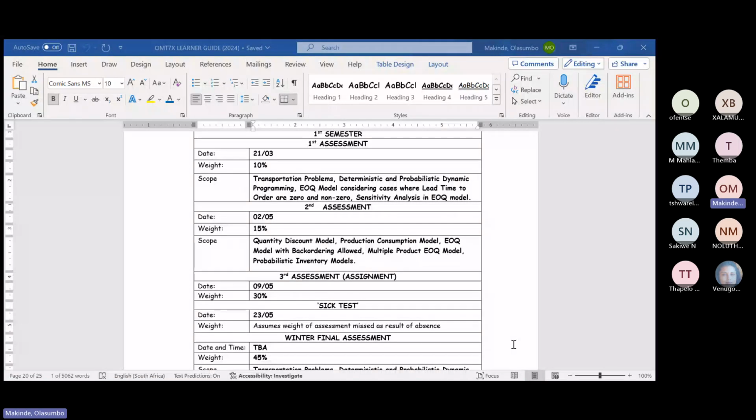Then topic number 5, probabilistic inventory models. Don't be worried and carried away by the English. We'll break it down nicely. Don't worry, it's not difficult.